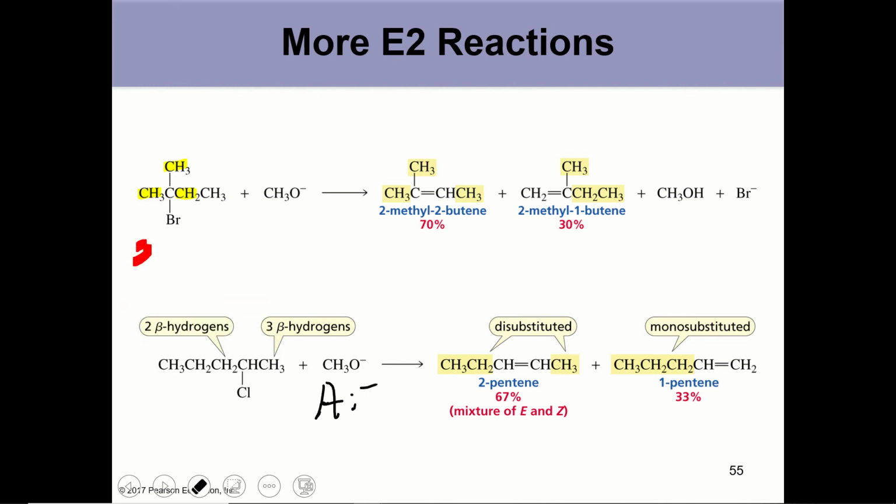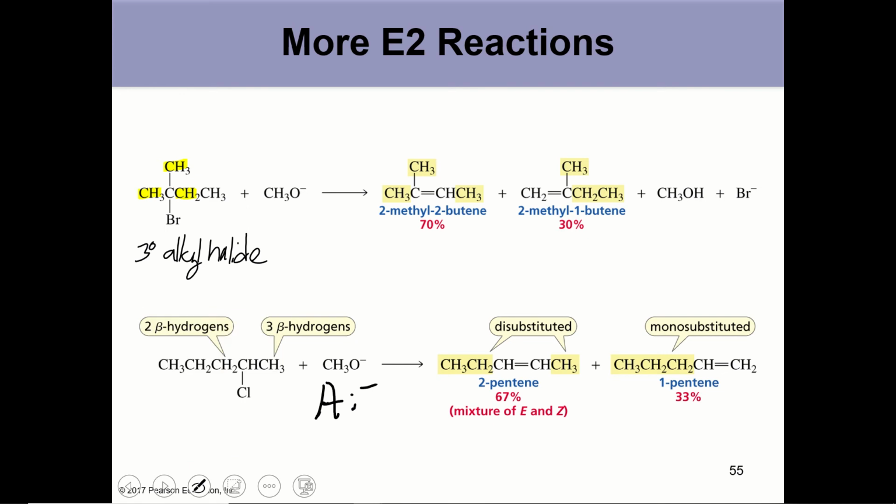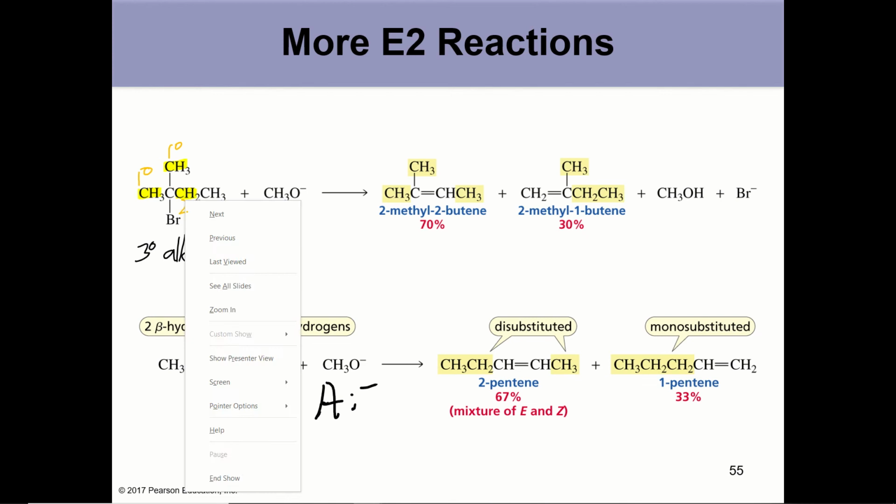It's a tertiary alkyl halide overall. We can label our beta carbons: these 2 methyl groups are primary, and the internal beta carbon that's not at the last carbon on the chain is secondary.